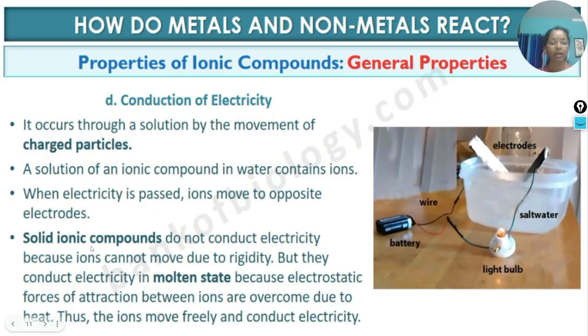But solid ionic compounds do not conduct electricity because their ions are immovable. They are in a rigid state in the solid form. So they won't conduct electricity in the solid form, but they will conduct electricity either in the molten form or in the aqueous form.